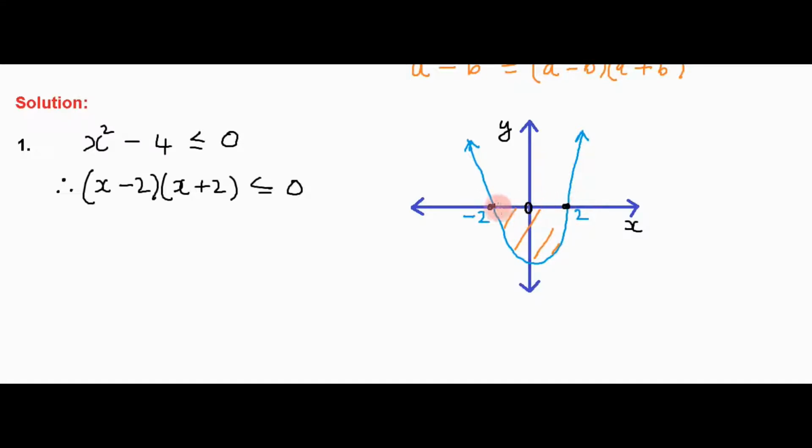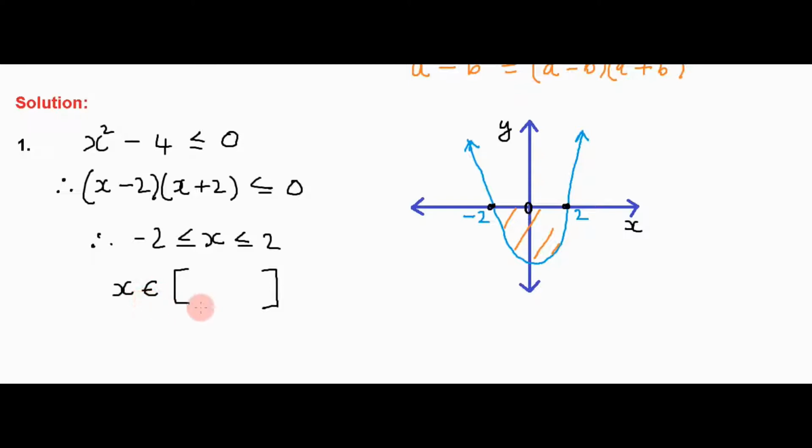So all these x's. So then our answer will be x is greater than or equal to negative 2, but less than or equal to 2. So between negative 2 and 2, including negative 2 and 2. To illustrate this with interval notation, we'll say that x is an element of, in this case we use square brackets to show that it includes -2 and 2.